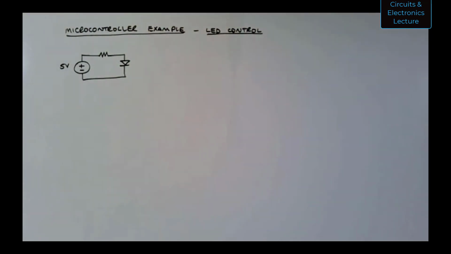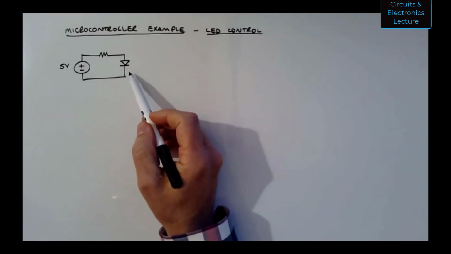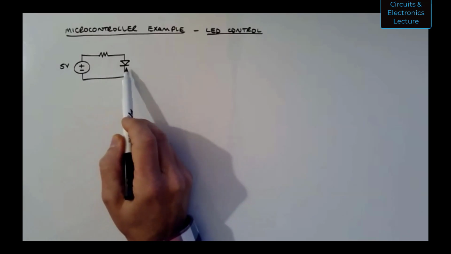I want to do a quick example with an LED. I want to make sure that powering an LED using a logic circuit makes sense, because that's a prerequisite for doing some of these microcontroller problems when it says state the logic that you need in order to have an LED lit. Let me start out with a simple circuit where you have a 5-volt source, a resistor, and a diode.